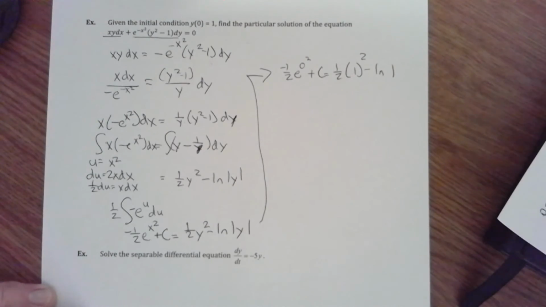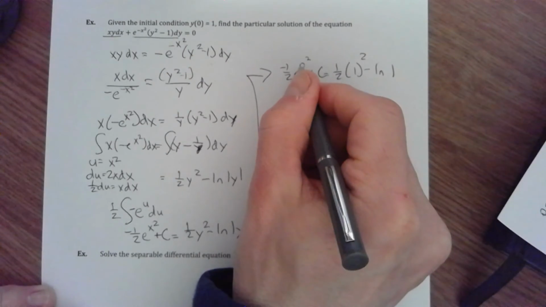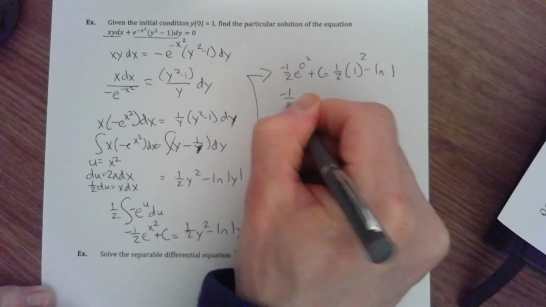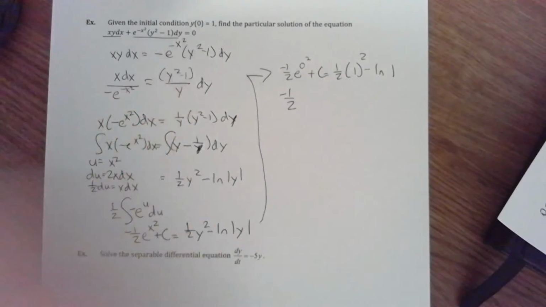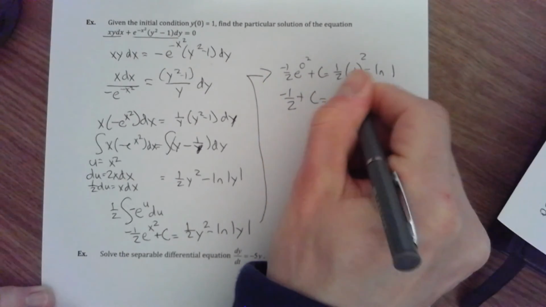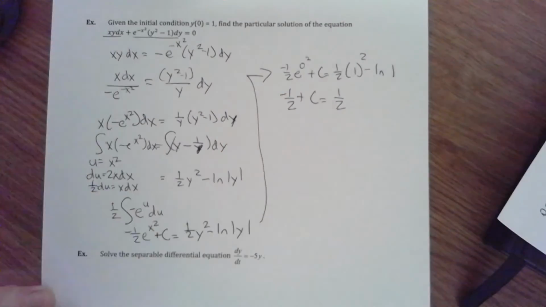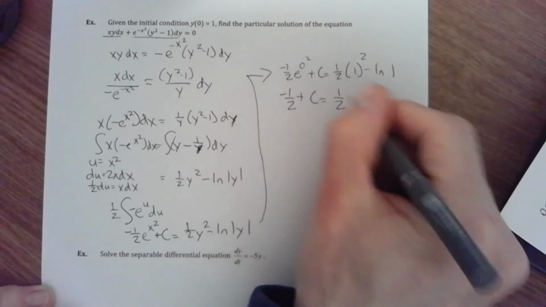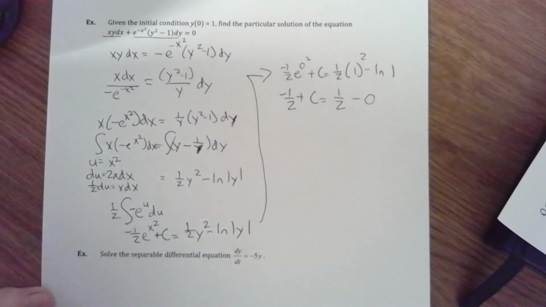The absolute value of 1 is 1. So e to the 0 squared is e to the 0, which is just 1, so negative 1/2 plus c. 1 squared is 1, this would be a 1/2. ln of 1 is 0. Add 1/2, and we get a nice c is equal to 1.